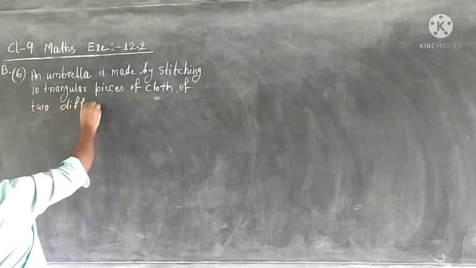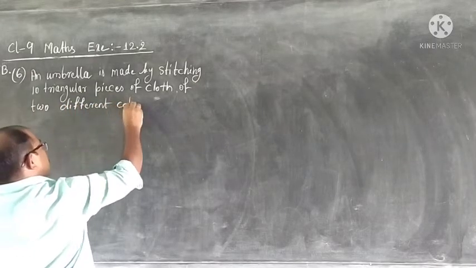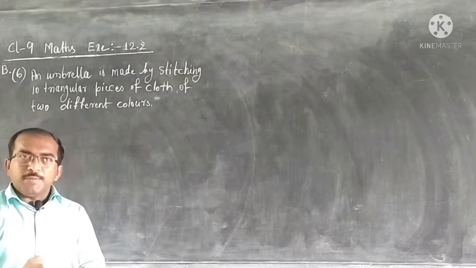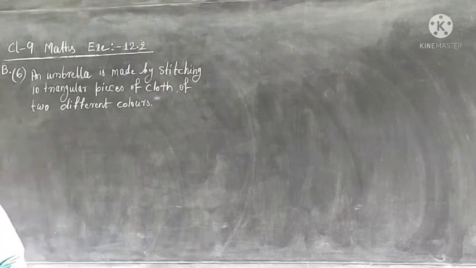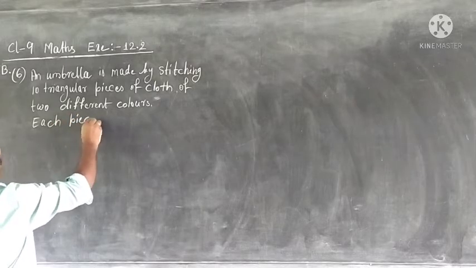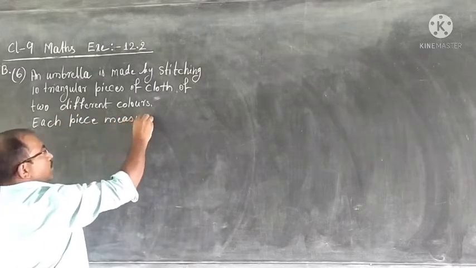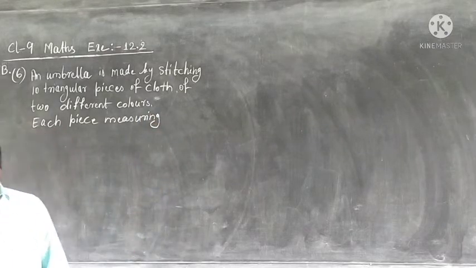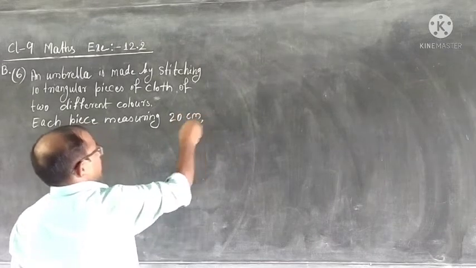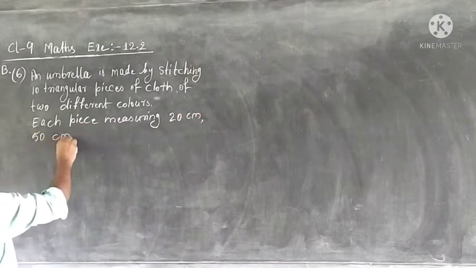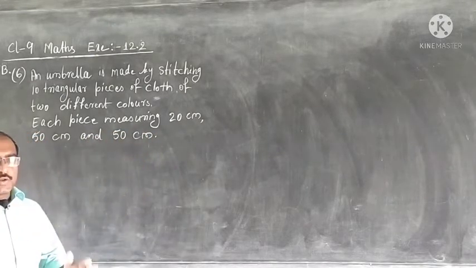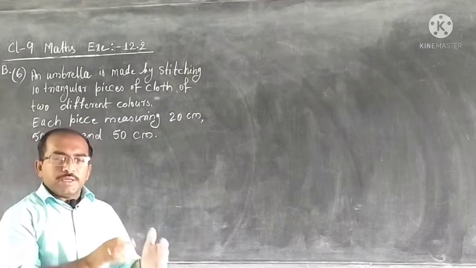So, this is the situation in this question, and each triangular piece has the same dimension. Each piece measures 20 centimeter, 50 centimeter and 50 centimeter. So, we have to find out how much cloth of each color is used.